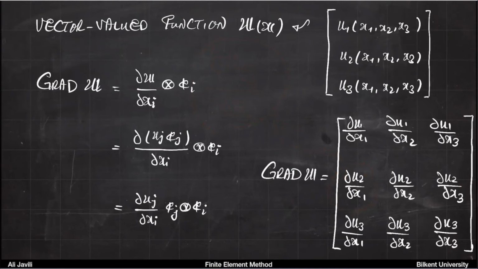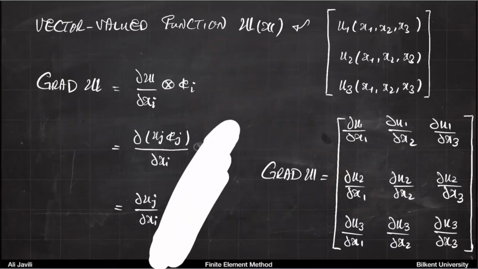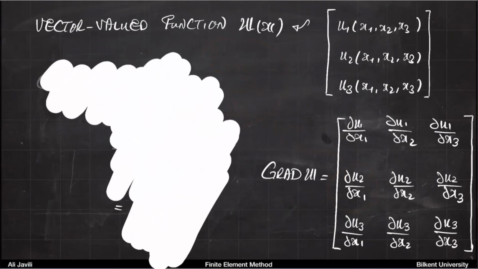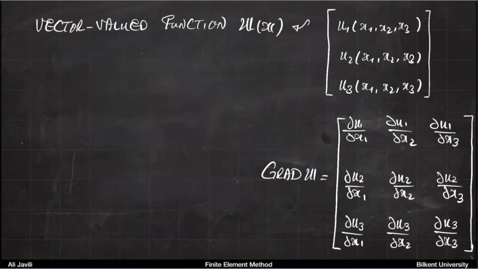Now, if you have a vector valued function, that would be the gradient operator, but you can also compute the divergence for it. So that's what I want to talk about next. The divergence of that thing, on the other hand, would be the derivative of u with respect to x_i, dot e_i.